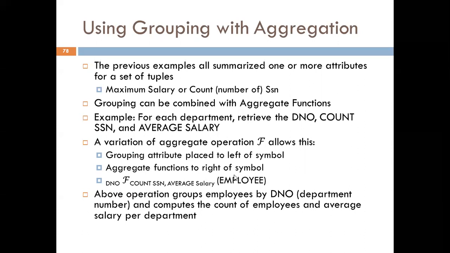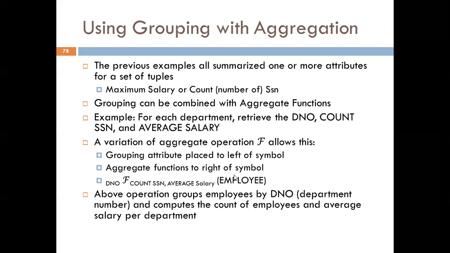For example, for each department, we want to retrieve the department number, count of SSNs, that is the number of employees in that department, and the average salary of the department. If you want to find this, then we want to apply a grouping on the entire relation.